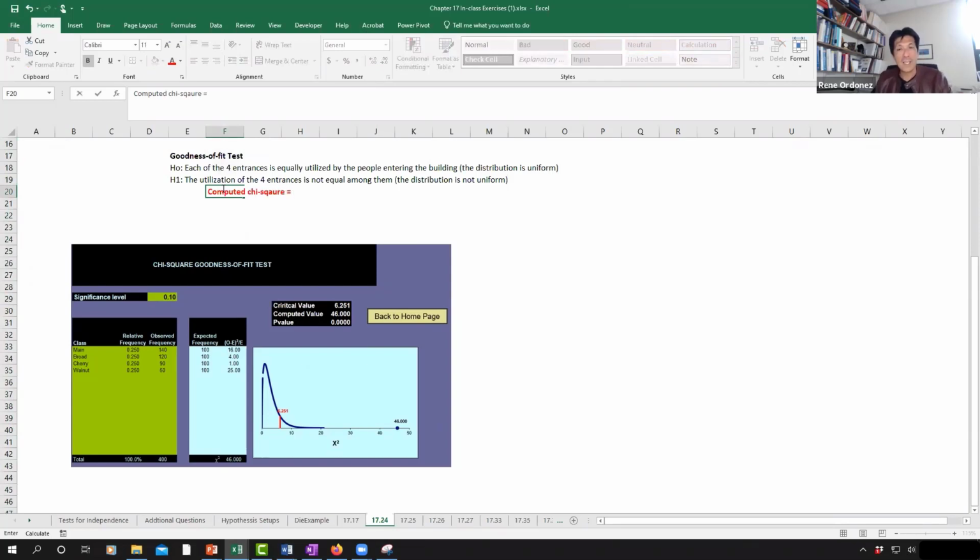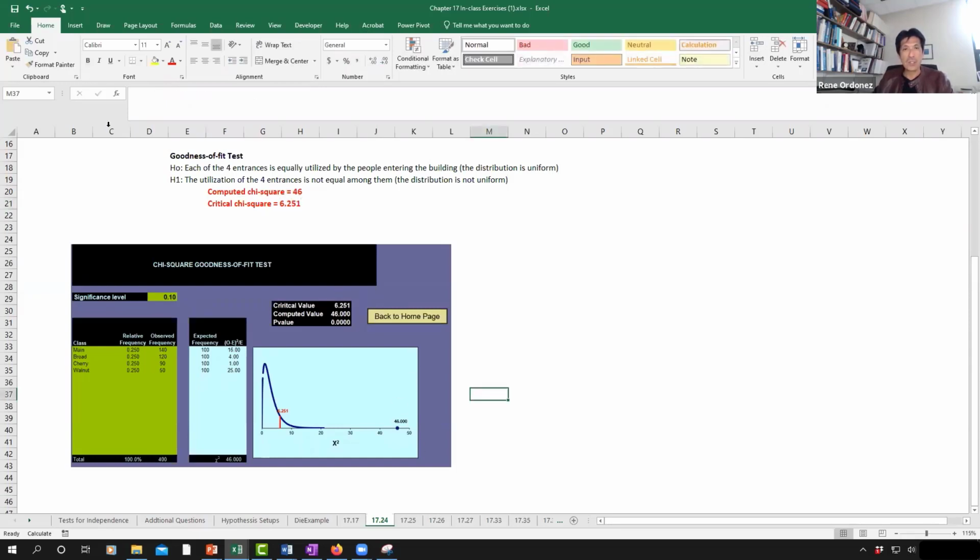What's a computed chi-square equal to? Is it 46? All right, 46 over here. Good. And the critical is 6.251.